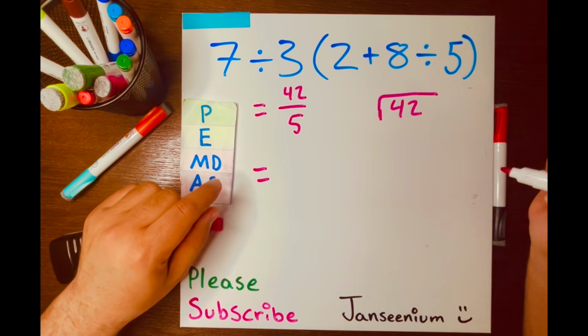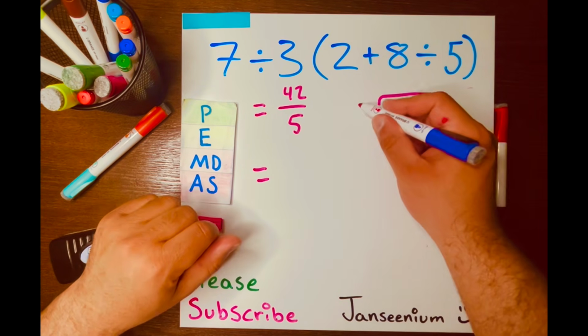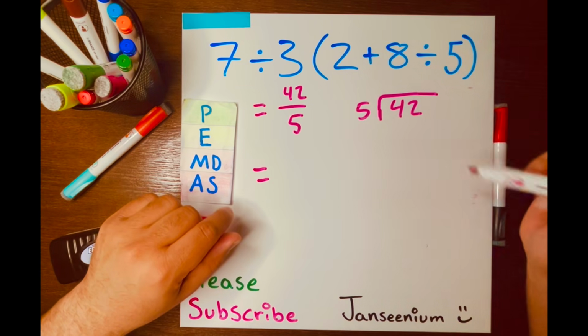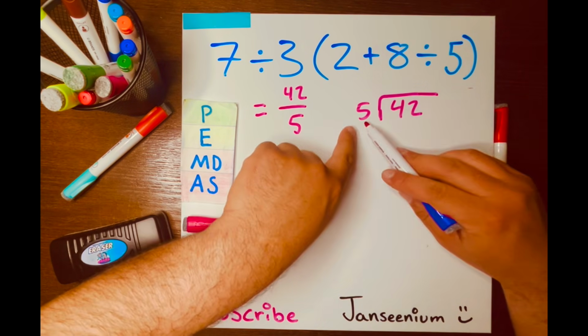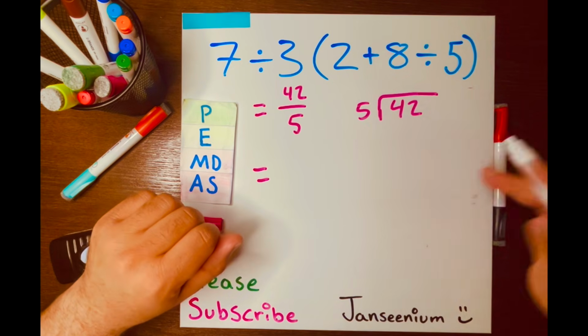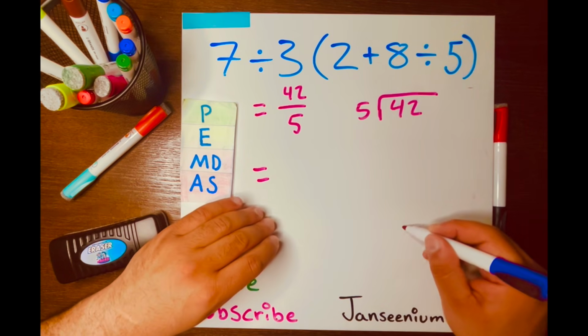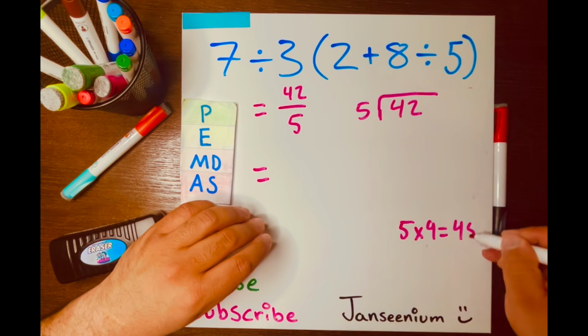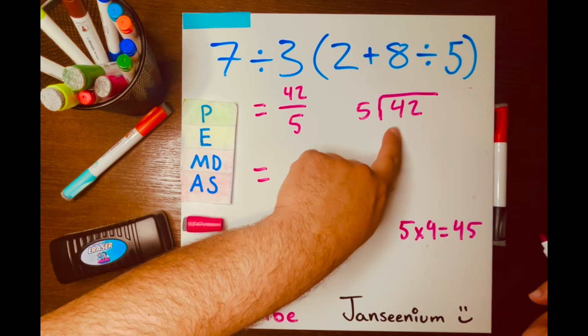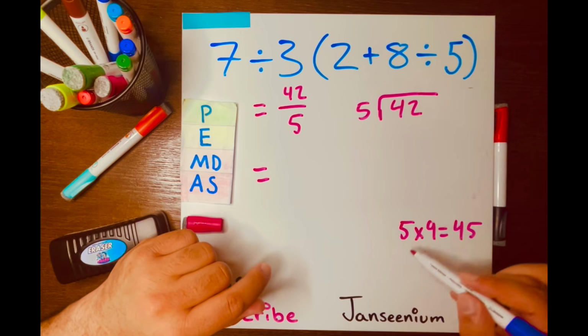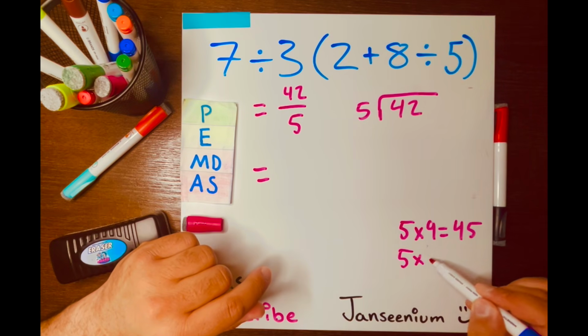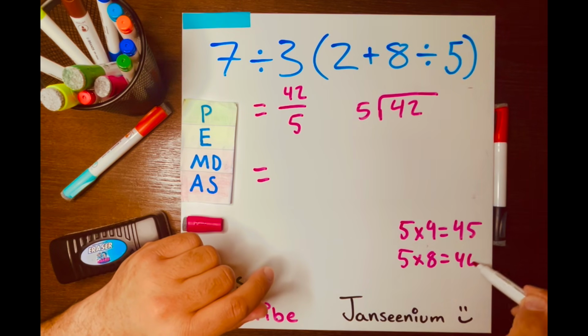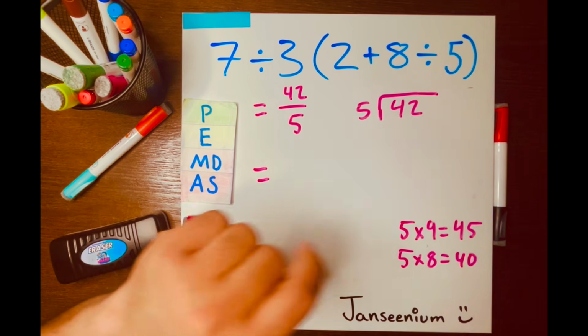That is called the dividend. And then the 5 goes outside the long division symbol. That is called the divisor. So how many times can 5 fit into 42? Well, I know that 5 times 9 is 45. So that goes over 42. So it must be 5 times 8, which is 40. So that's the closest we'll get to 42.